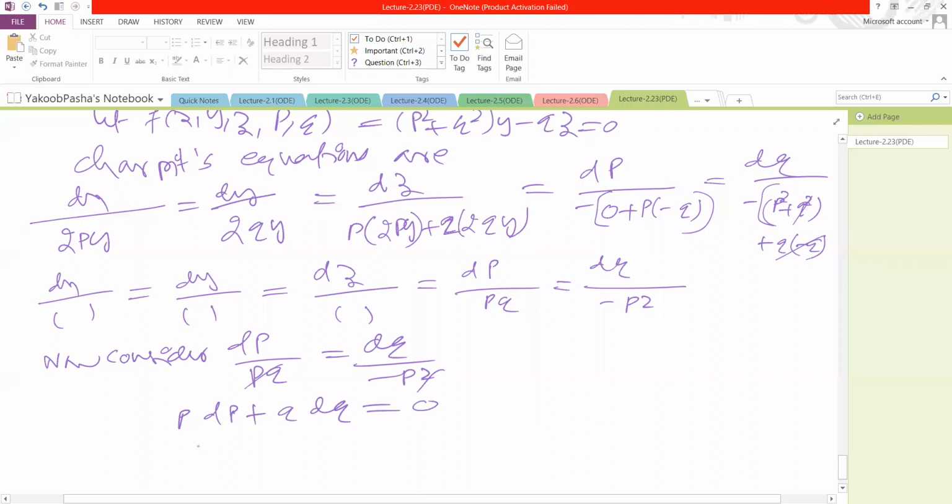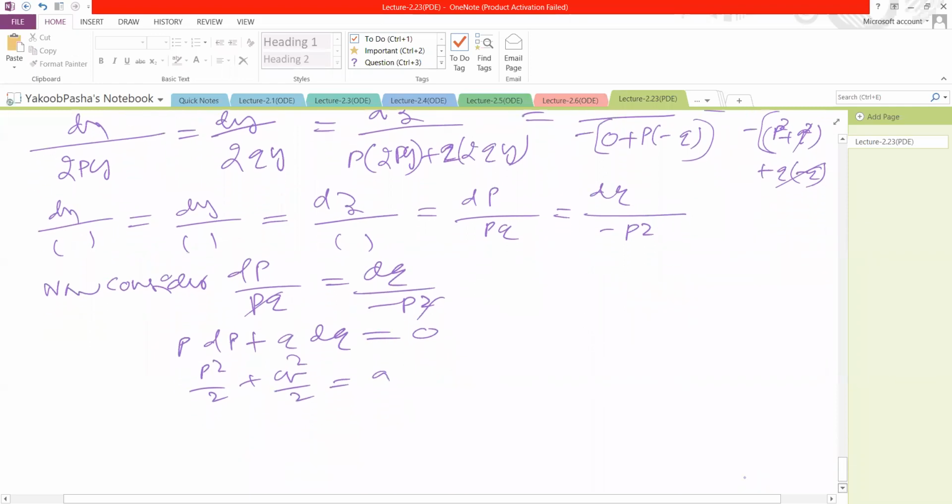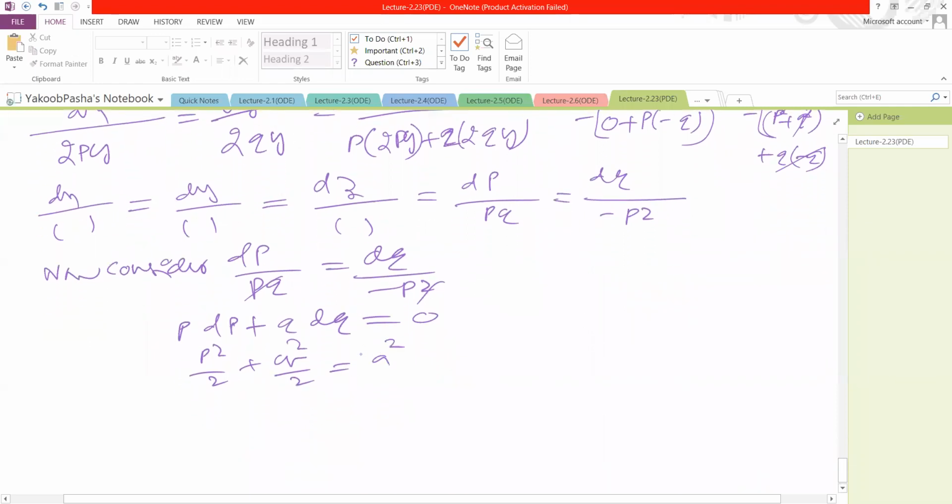By integration, we get p square by 2 plus q square by 2 is equal to some arbitrary constant, for our candidate I am taking a square. So p square plus q square is equal to a square.